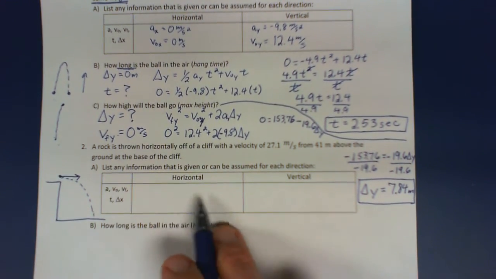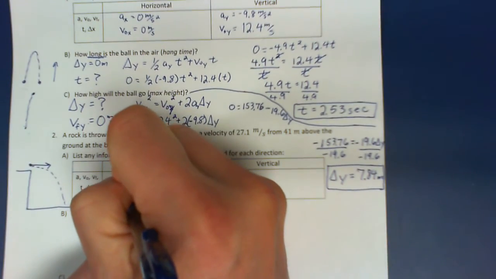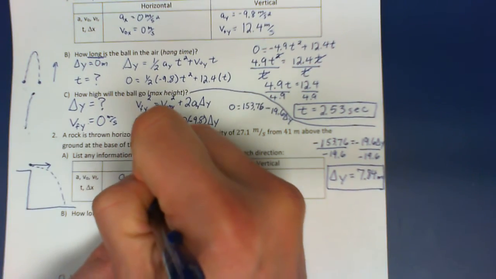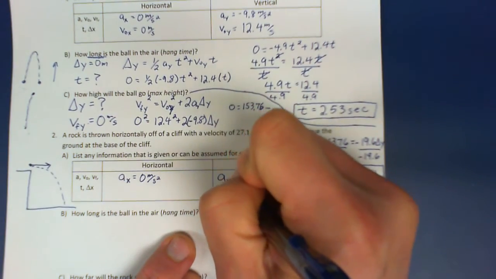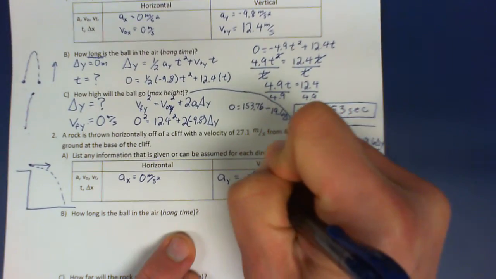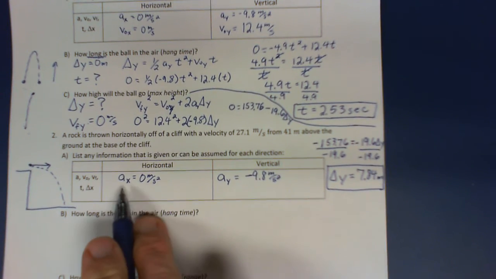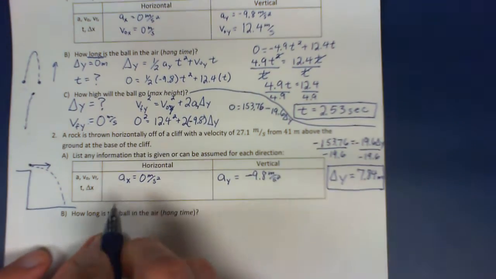All right, so what do we know horizontally? Well, we know vertically. First of all, we know the acceleration. All right, the horizontal acceleration is always 0. The vertical acceleration is always negative 9.8 meters per second squared. All right, so 0 for the x direction, negative 9.8 meters per second squared for the y direction.